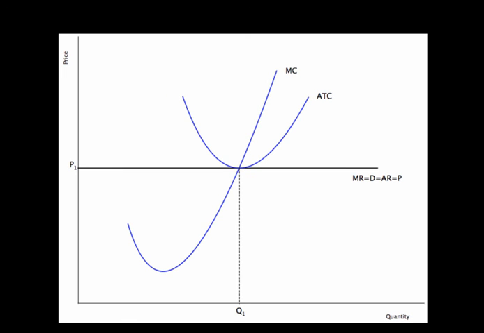Now remember, when we're talking about firms, we're always talking about economic profit, which means that these cost curves are including all of our opportunity costs, so that we are doing just as well as whatever our next best alternative might be, which means that we would have a positive accounting profit.